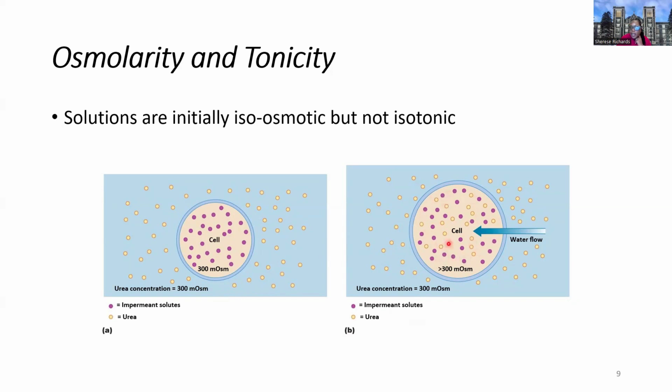So having said that, we now have pure water on the outside because we're completely ignoring urea when we think about tonicity. Pure water on the outside, and then a higher osmolarity with the solute purple on the inside. So while we think about the solution as being isoosmotic here, if we think about the tonicity, it's actually hypotonic, okay? So isoosmotic because we're looking at both solutes in this case, hypotonic because we're completely ignoring urea because it can move across the membrane, okay?